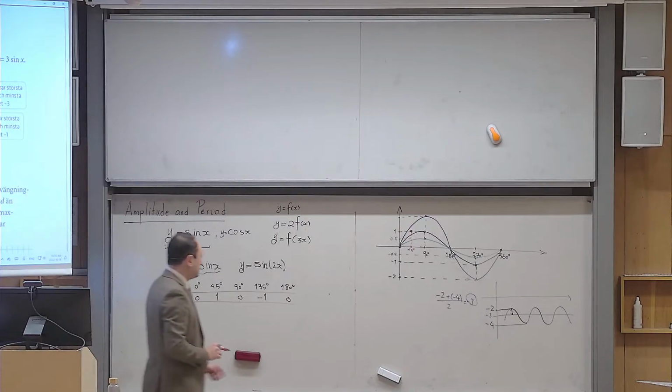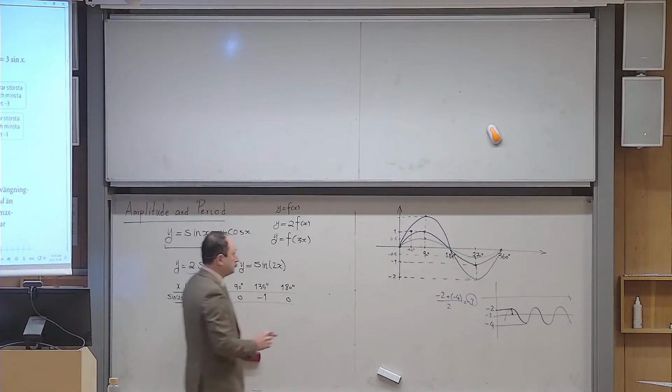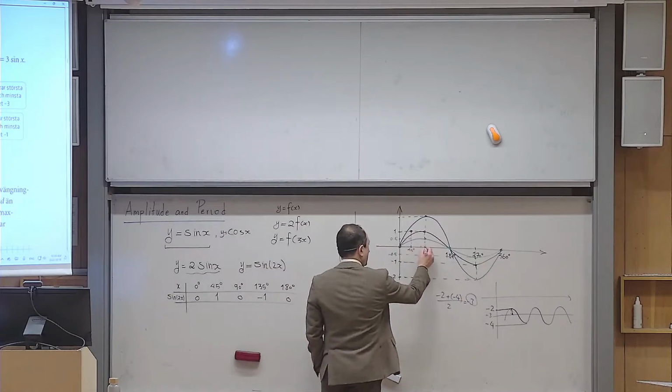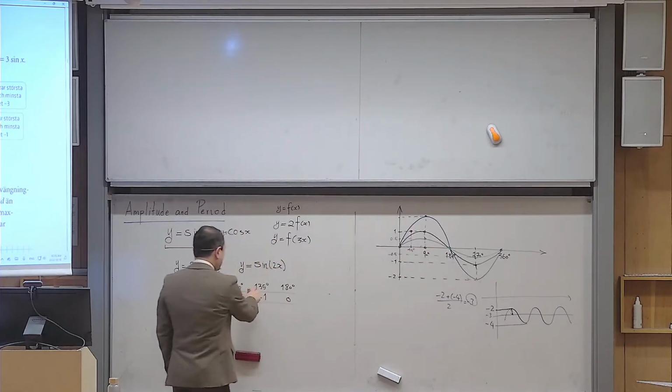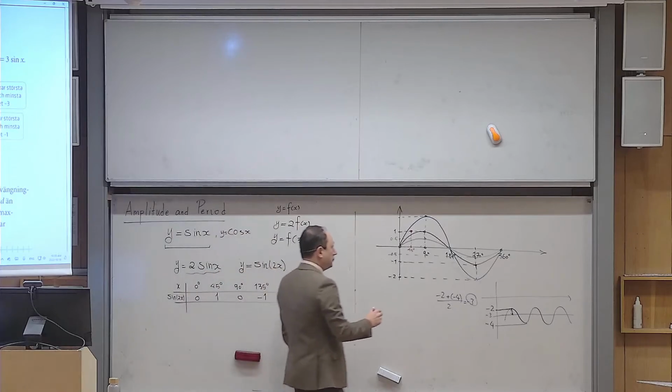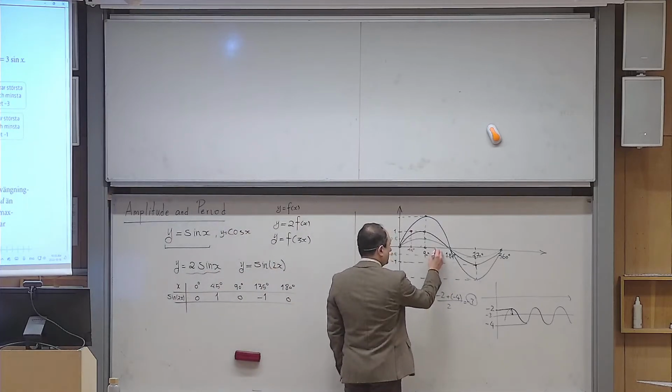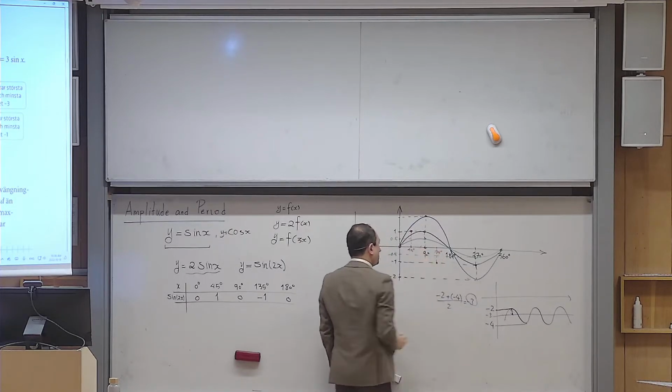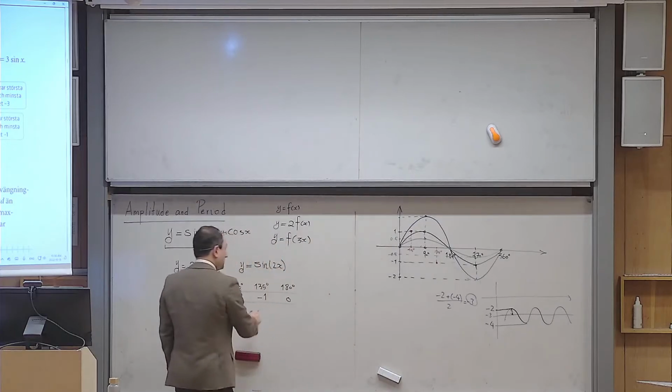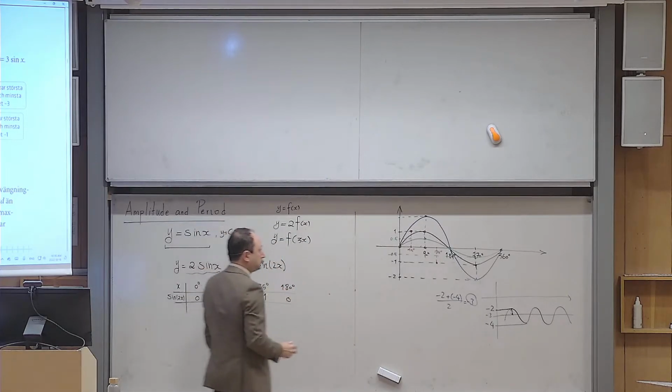Okay, so 90, 0 is here, and then 135, minus 1. 135 is here. Minus 1. And then finally, 180, 0. It's here.